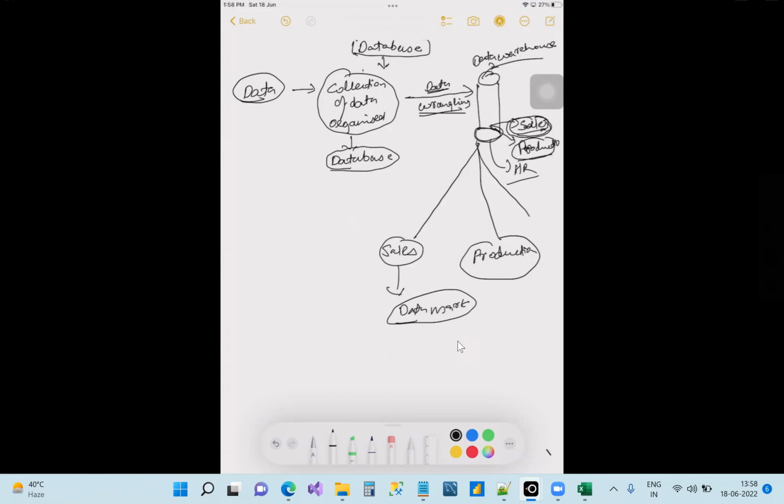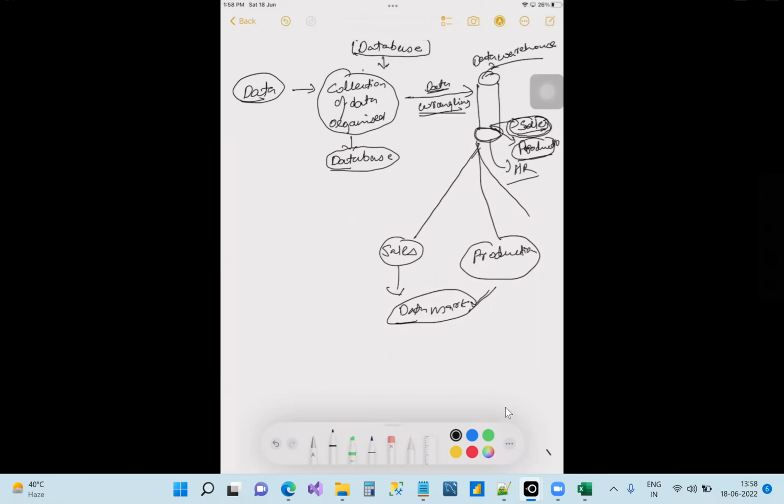So when you have all your data prepared for analysis, you are categorizing it on the basis of requirement, that is sales, production, HR, and putting it in one place, that is called a data mart. Okay, got it?